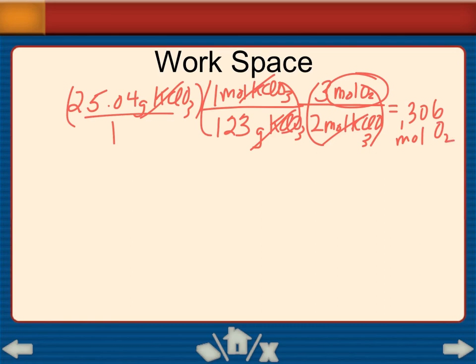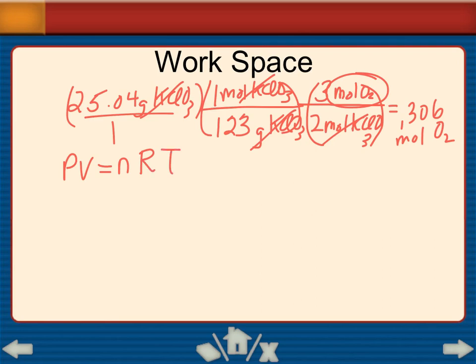We are looking for the volume of that much oxygen gas. So we are not at STP conditions, so we're going to use PV equals nRT.